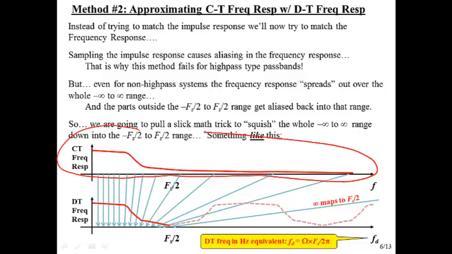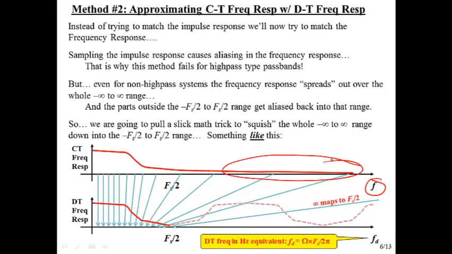So the idea is that what we'd like to be able to do is take something that looks like this. So here's our continuous time frequency response versus f, and what we're going to try to do is take all of this stuff and squish it down into 0 to fs over 2. So these little blue lines here are showing that we don't squish by the same amount. So down in this region, we're hardly doing any squishing at all. We're taking the frequencies directly. So this value goes almost exactly to its same value as that, and so then we start seeing a little bit of an angle here.